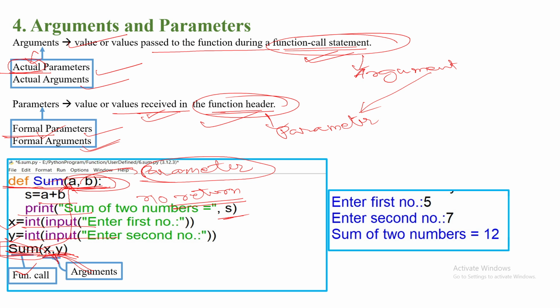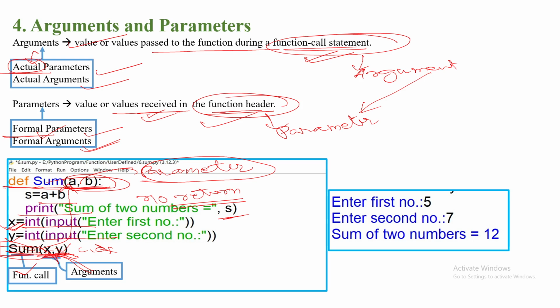Then I have written x and y with the input command. So I have taken x and y as input variables, which is why in the argument also I will write these variables only. Suppose I have taken x and y as input variables, and if I write c comma d here, will it work? No, it will not work, right?